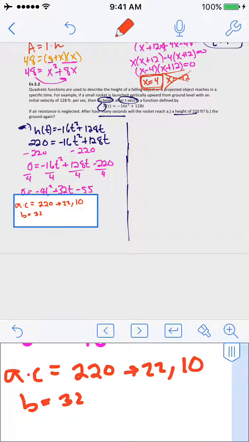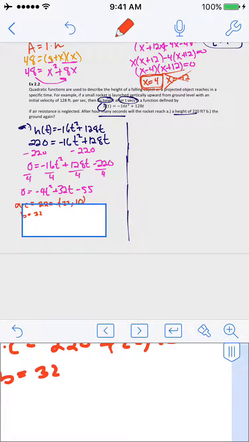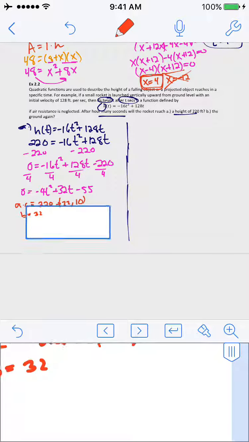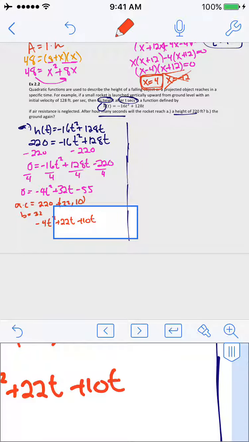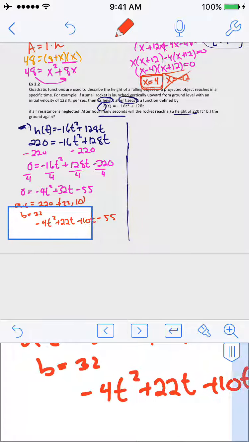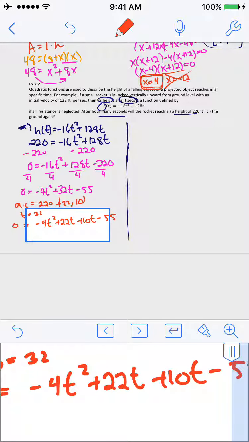When you multiply them, you get 220. So those are our two magic numbers. All right, let's go ahead and factor. I'm running out of room, but that's okay. So negative 4t squared plus 22t plus 10t minus 55. And that still equals 0.